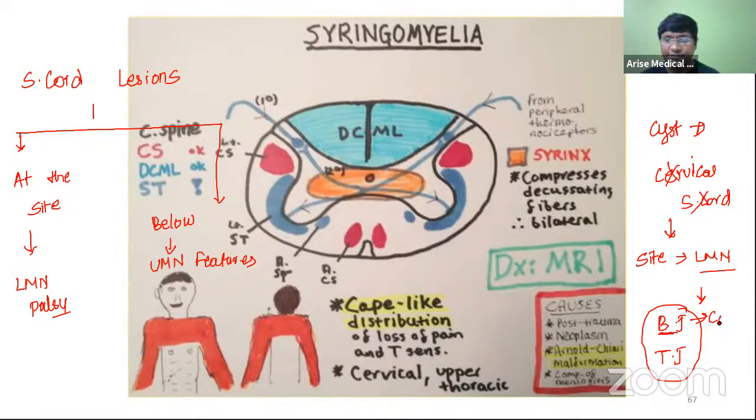Biceps jerk has a root value of C5 and C6. And triceps jerk, the very important root value is C6. That means, where is the origin? The origin is from the cervical spinal cord. What is your cyst doing in syringomyelia? The cyst is compressing your cervical spinal cord. That means your C5, C6 and C6 are compressed. So, what did I tell you in spinal cord lesions? At the site of lesion, you will have the lower motor neuron palsy.